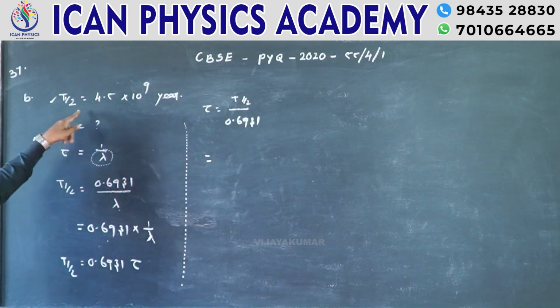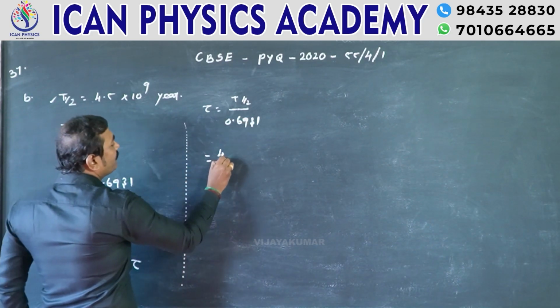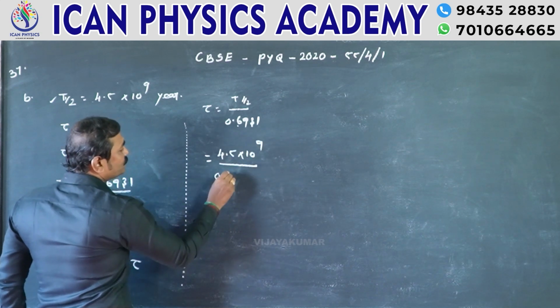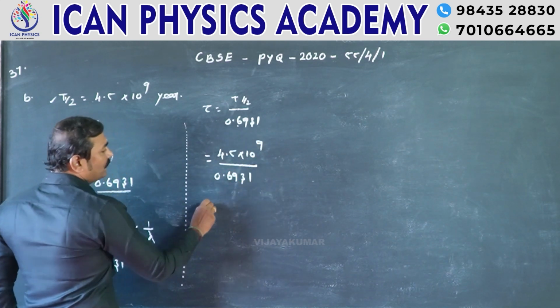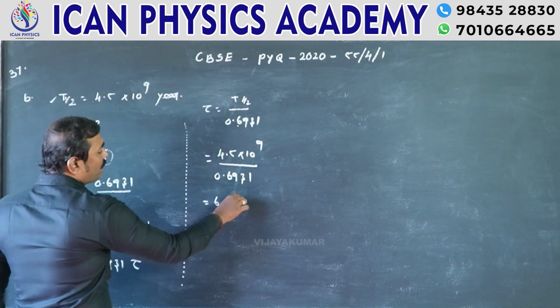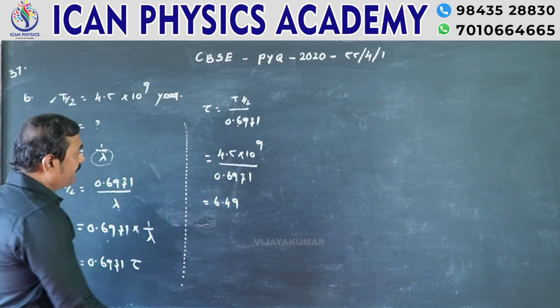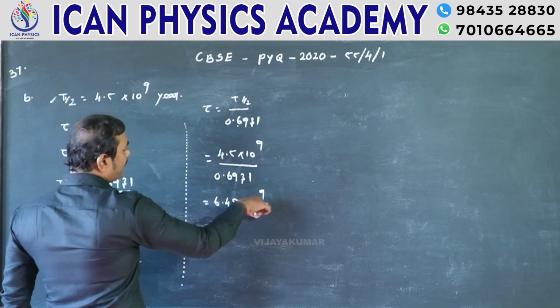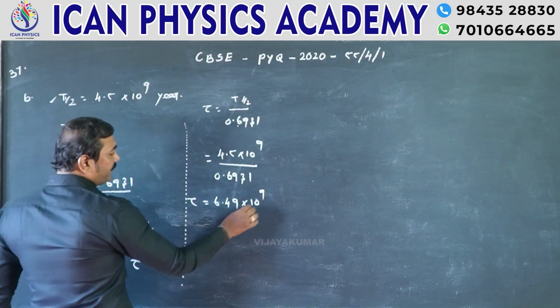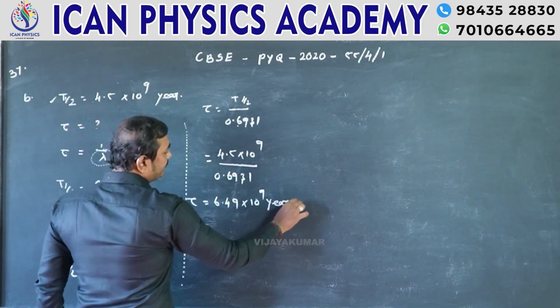Now, what is the value of T half? That is 4.5 into 10 to the power 9 divided by 0.6931. When you divide, we get 6.49 into 10 to the power 9. This much is the mean life, so it is in years.